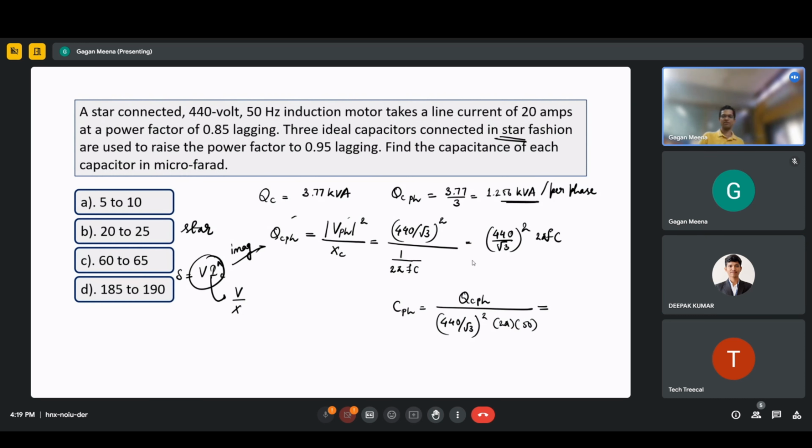It's around 62 something. Yes, sir. Okay, correct. We can also do it using V into I, but for that you need to calculate the current. For that again you will write V by XC. So directly we will reach it.